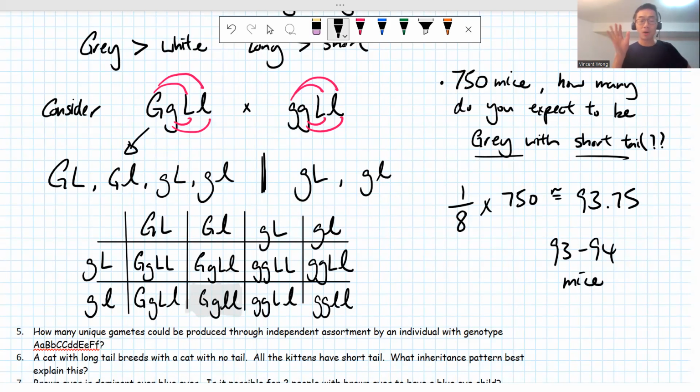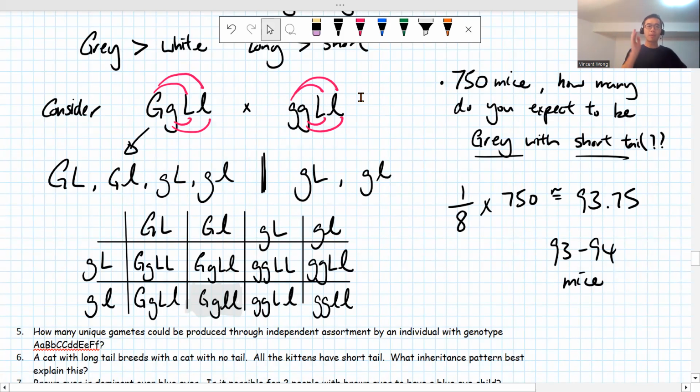So this is an example of a dihybrid cross. You will definitely need to know how to do a dihybrid cross on the test. When can you use the 9331? You can only use the 9331 when the parents are heterozygous for both traits.